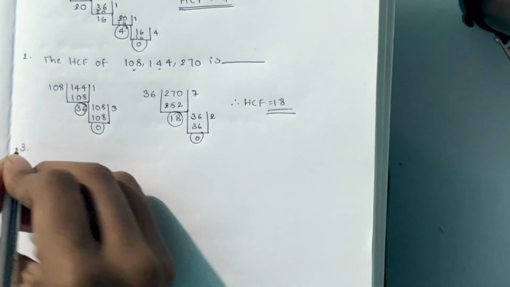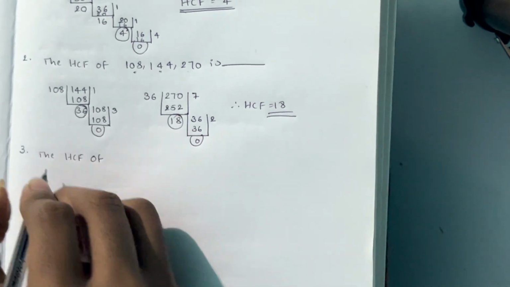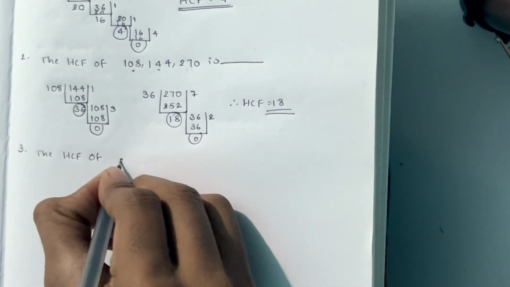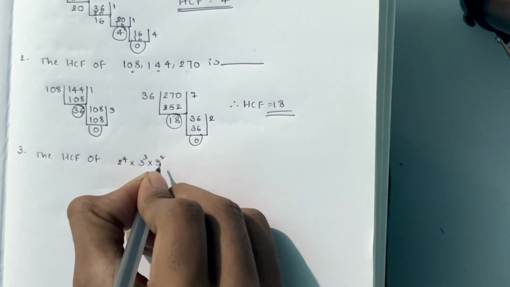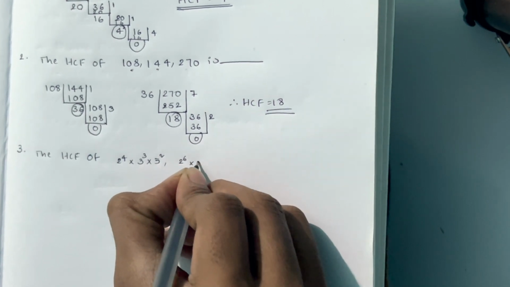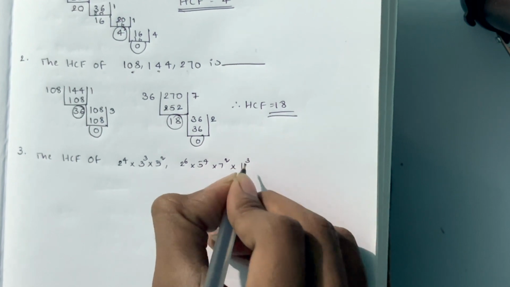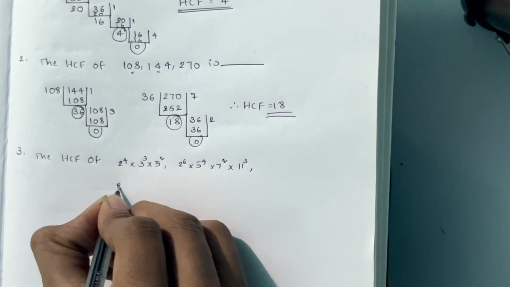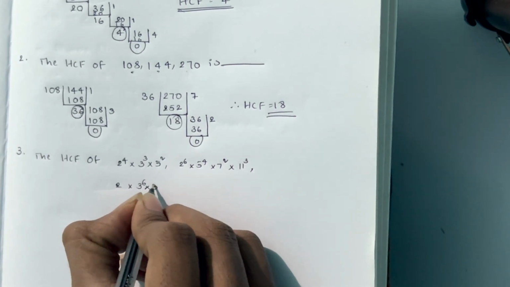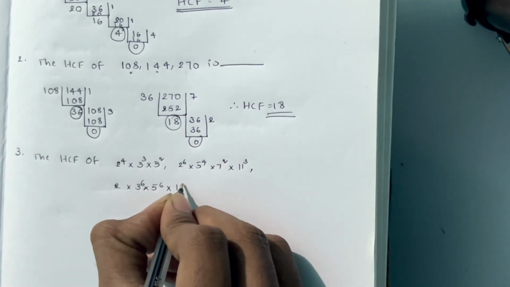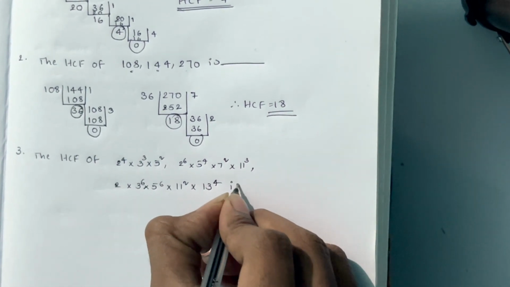In the same way, the HCF of 2 power 4 into 3 cube into 5 square, 2 power 6 into 5 power 4 into 7 square into 11 cube, and 2 into 3 power 6 into 5 power 6 into 7 square into 13 power 4 is dash.